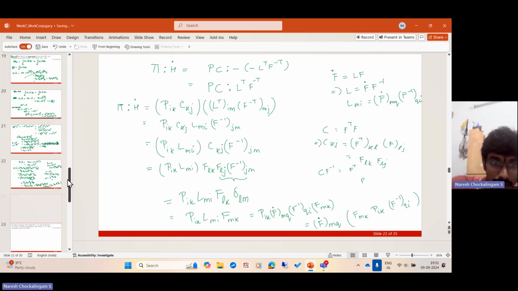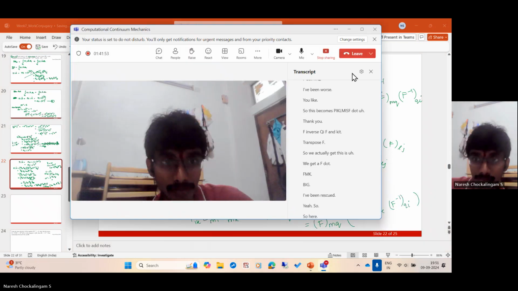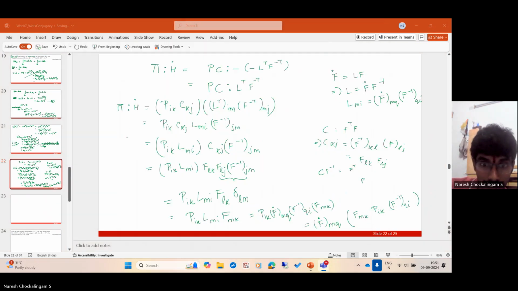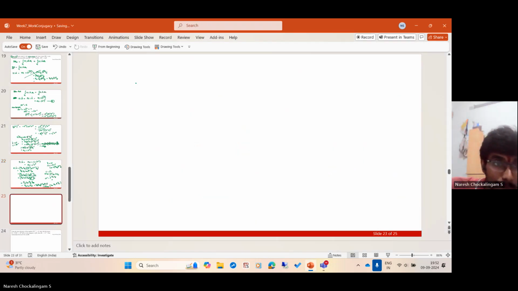So here, better look at this stage. We have L, P, LMI, PIK, which is LP, MI.